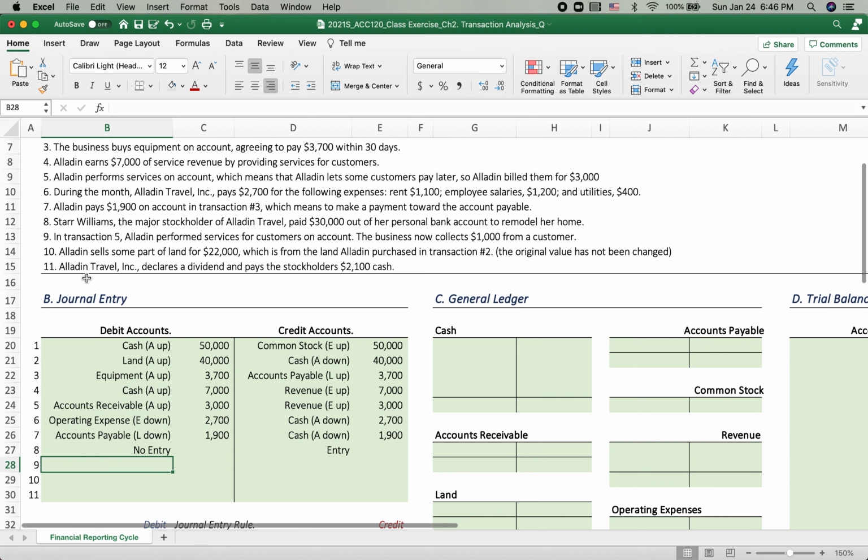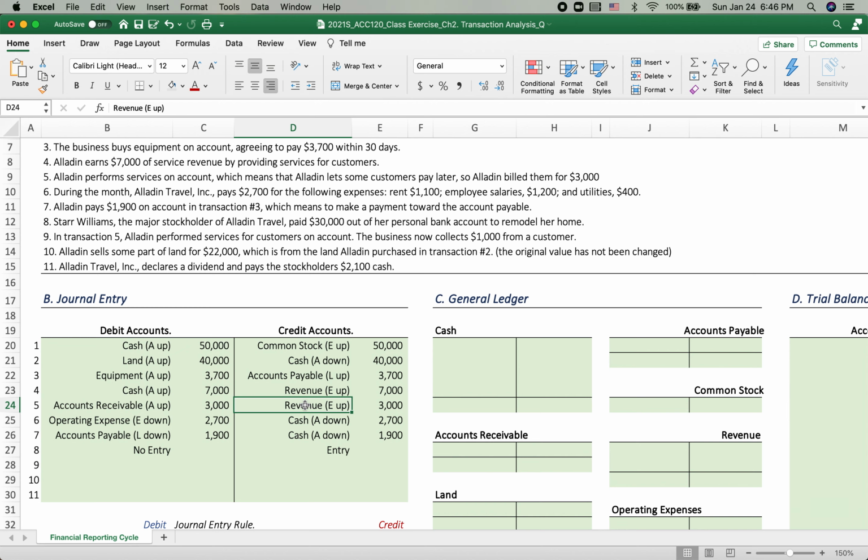Now in transaction 5, accounts receivable. The company had the right to receive the cash from the service provided, $3,000. So number 9, in transaction 5, Aladdin performed the services for customers on account. The business now collects $1,000 out of $3,000. Now the company received the cash, cash asset up by $1,000.